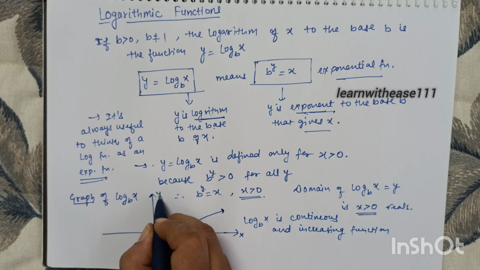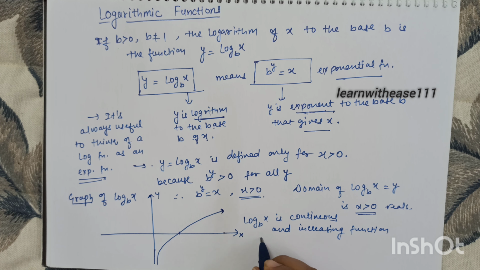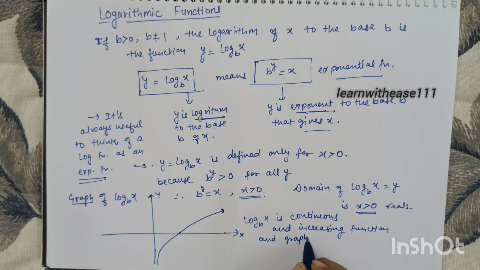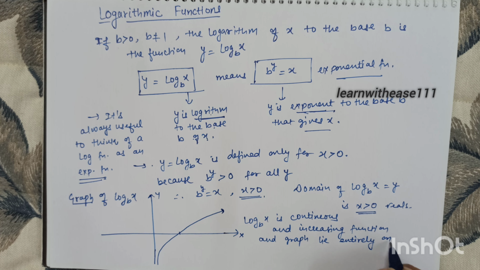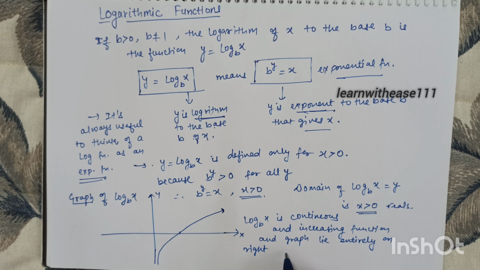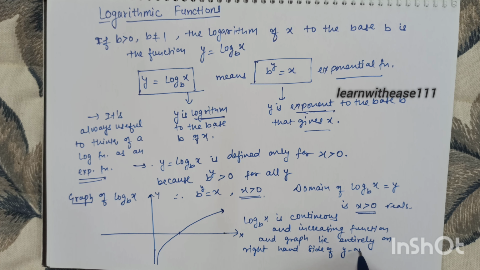The function is continuous and increasing, and the graph lies entirely to the right of the y-axis. Why so? Because it is defined for only positive values of x. So the graph will be on the right of the y-axis.